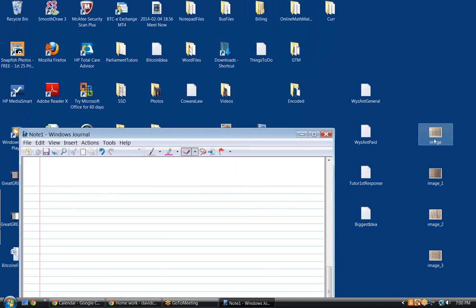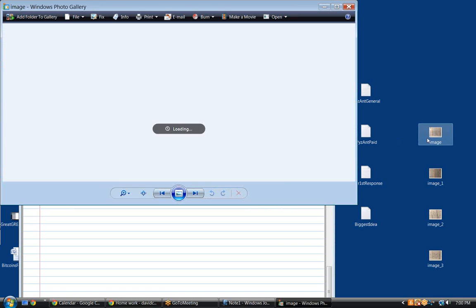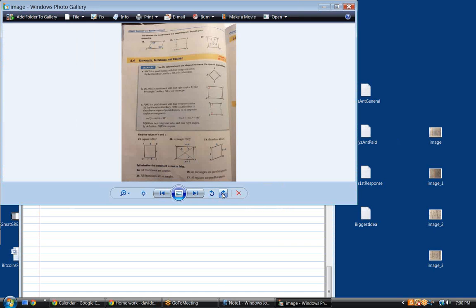Start with the first one. The one that says image. Hold on, let me flip back the page. Let's see, that's 6. Sure. Okay.